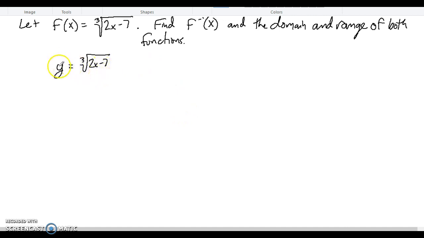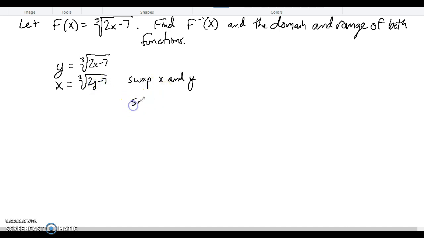We're going to take this as our input and get that as our output. So we really want to solve for x. But that's not something we normally think about. We usually like to solve for y. So the first step we're going to take is to swap x and y. And so we'll rewrite it as x equals the cube root of 2y minus 7.